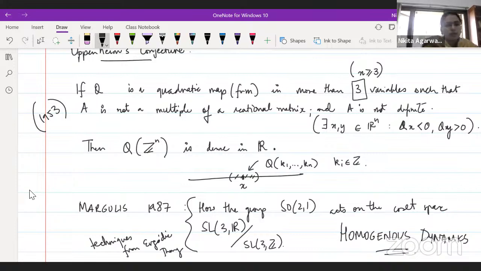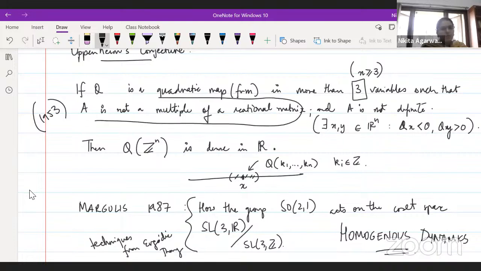So this is another result where ergodic theory was used. One of the conditions in this result is straightforward, namely that A is not a multiple of a rational matrix. Why? Because it is very much like rational.